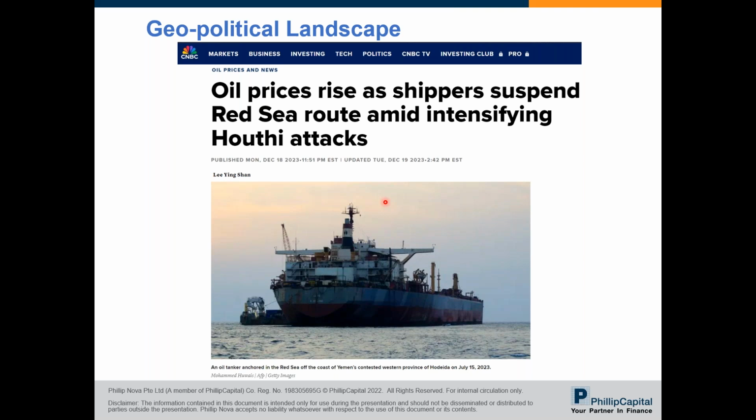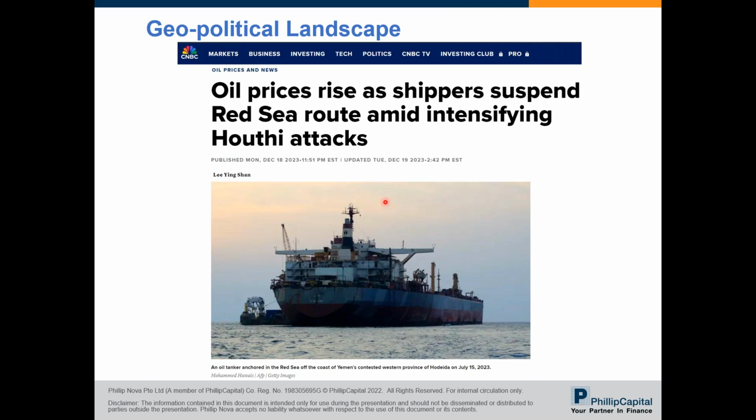What about this next opportunity regarding, again, the Middle East conflicts? The Houthi group has been firing missiles and sending drone attacks on various ships sailing through that region.